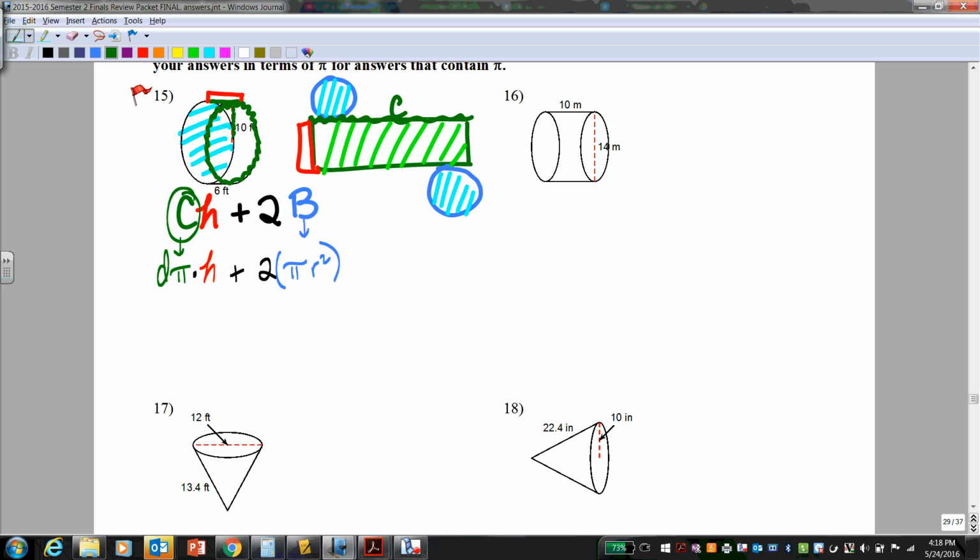It's not 10. You trace it all the way down. Times your height, which is the distance between the bases, plus 2 pi, and our radius, again, you trace it as 10 squared. You get to clean that up. That's surface area for a cylinder.